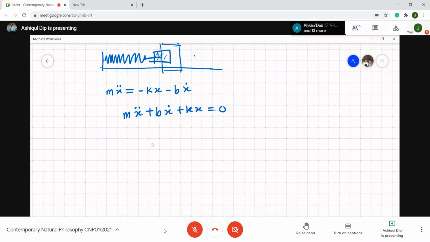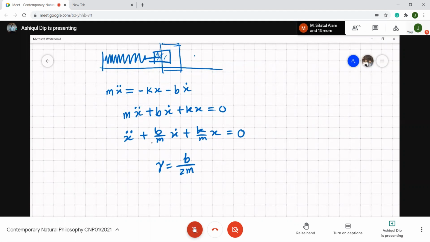So before doing that, we actually simplify the notation a little bit. So divide everything by m. So we get x double dot plus b by m x dot plus k by m x equals 0. Yeah. So let's define several things. One is gamma, let's define gamma equal to b over 2m.